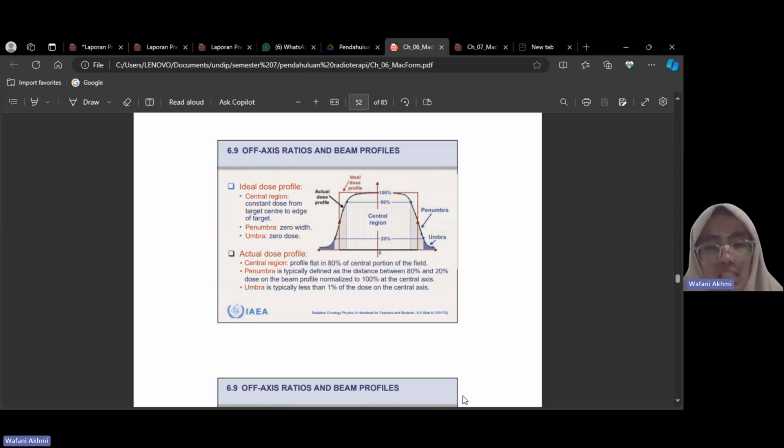Penumbra is typically defined as the distance between 80% and 20% dose on the beam profile normalized to 100% at the central axis, and umbra is typically less than 1% of the dose on the central axis.